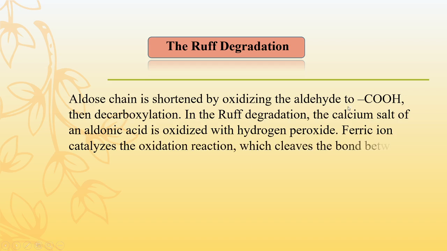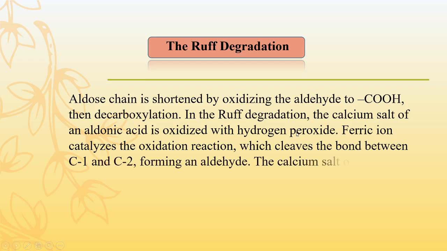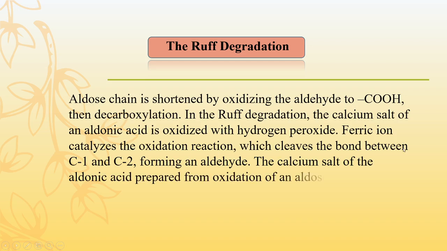Okay. In the Ruff degradation, the calcium salt of the aldonic acid is oxidized with hydrogen peroxide. The ferric ion catalyzes the oxidation reaction, which cleaves the bond between C1 and C2, forming an aldehyde.